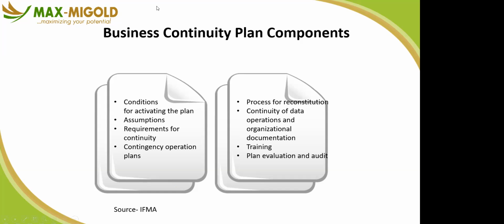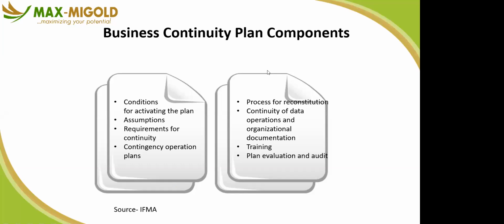Can you see business continuity plan components? Those are the things that you need to speak to. What are the things that will happen for you to activate this plan? That means what are those hazards that we listed the other time? What are the assumptions that will make this hazard occur? Remember, I just spoke to you around the event threat analysis.